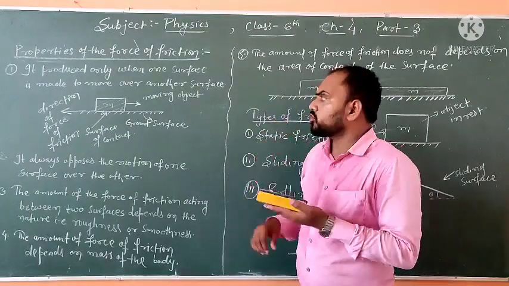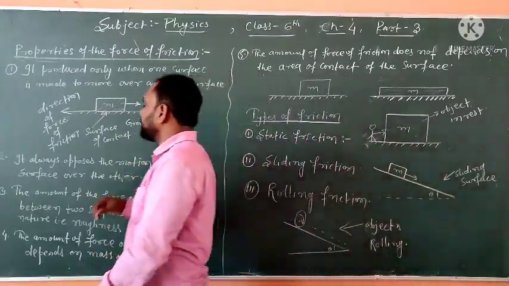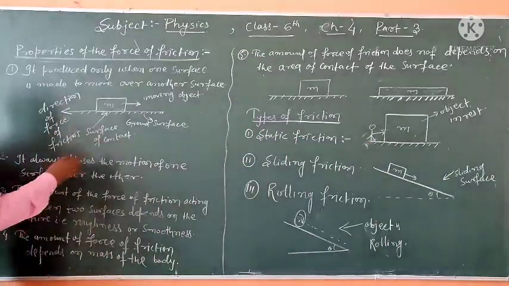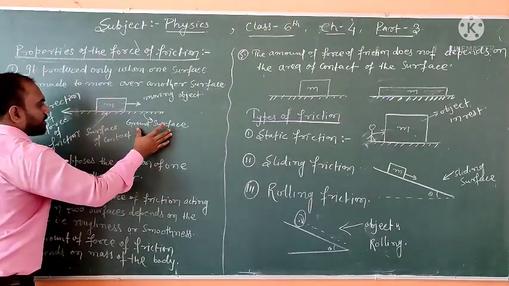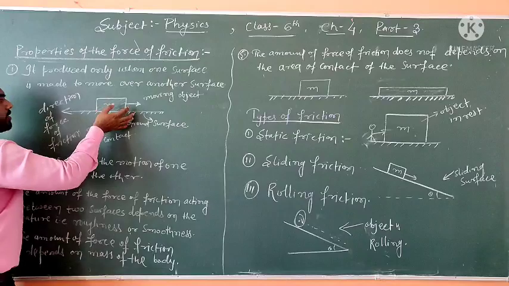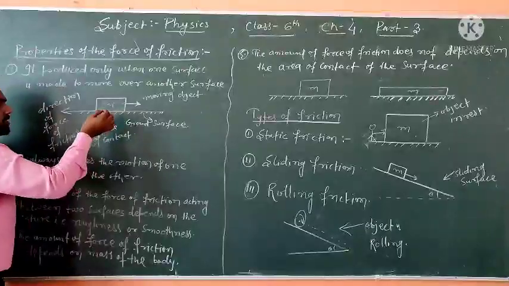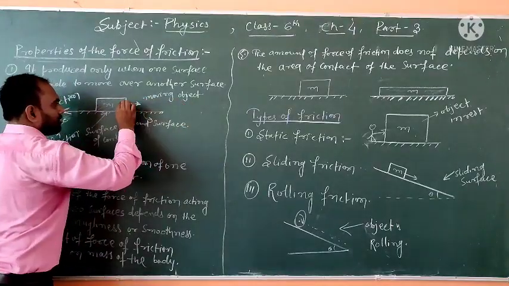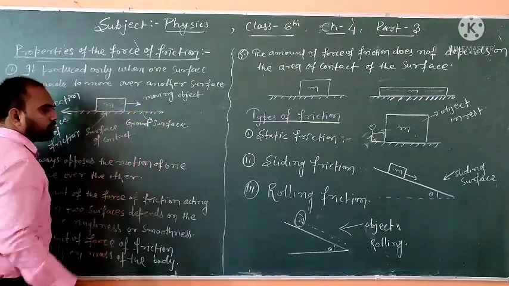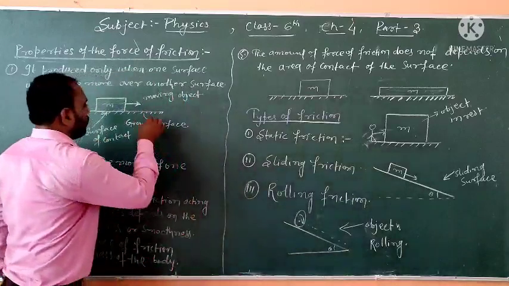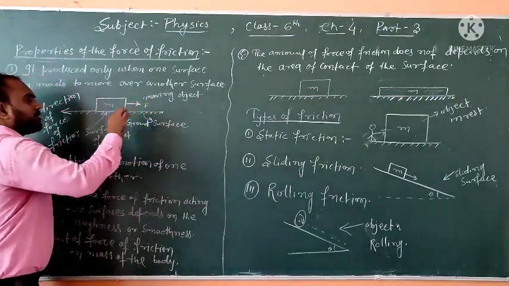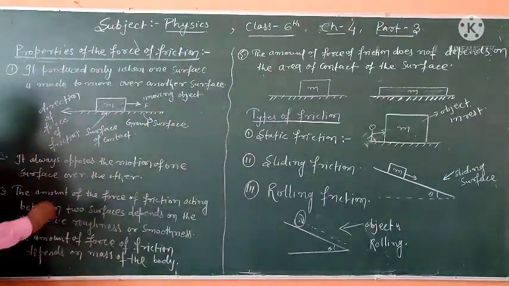Okay dear, here I have represented in a picture that let's suppose there is a surface, that is the ground surface, and over it a body having mass, which is a moving object. That means I am applying some force here to put it in motion. It is moving in the forward direction.